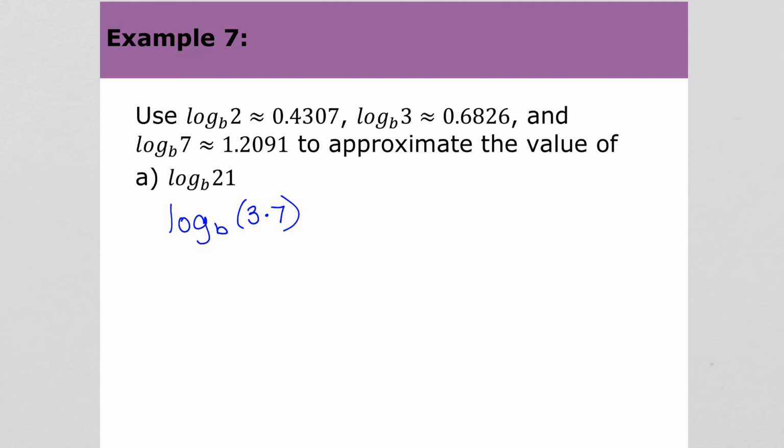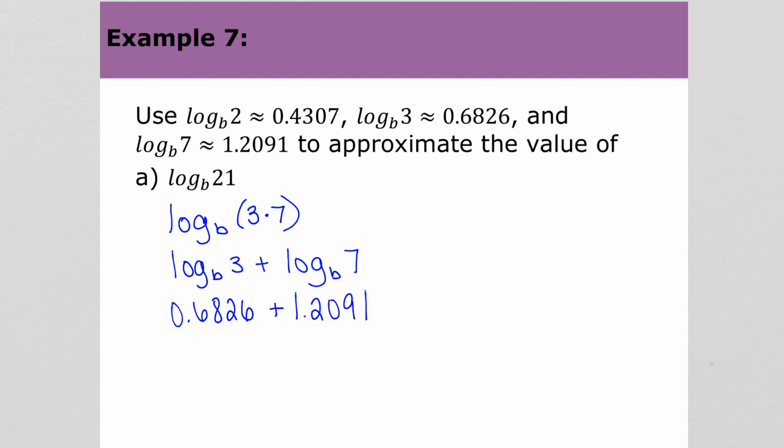Plus 3 times 7 is 21. Which would be the same thing as log base b of 3 plus log base b of 7. And we've got those numbers up there. Log base b of 3 is 0.6826. And log base b of 7 is 1.2091. Add those in your calculator, you get 1.8917.